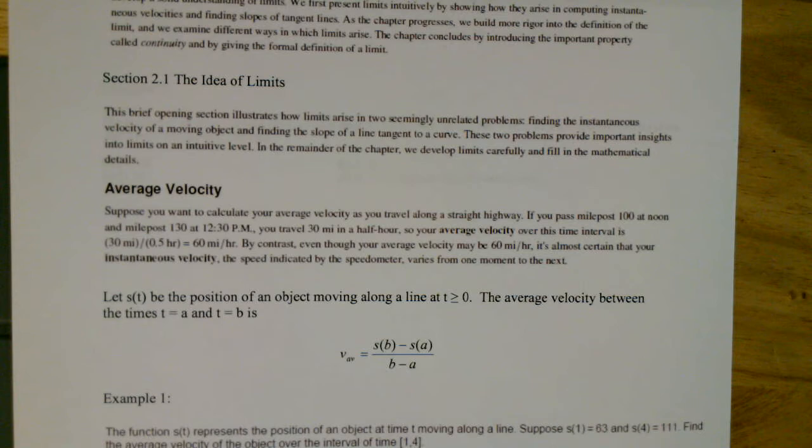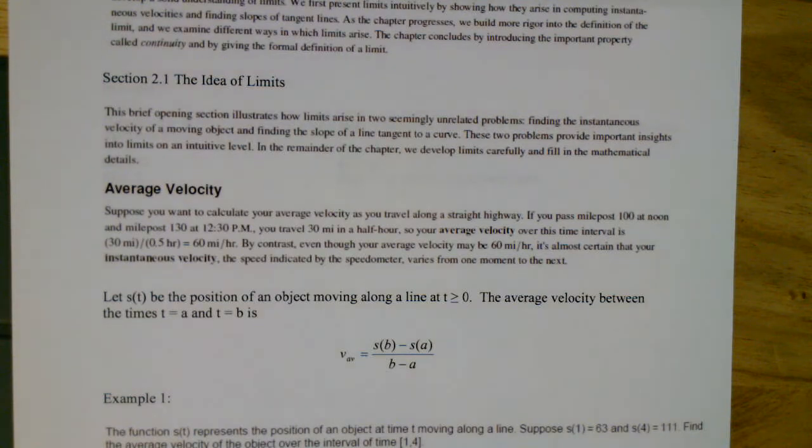Let's say we want to calculate the average velocity as you travel along a straight highway. Let's say you pass milepost 100 at 12 noon and milepost 130 at 12:30 p.m. That means you travel 30 miles in half an hour. So your average velocity over this time interval would be 30 miles divided by half an hour, or 60 miles per hour.